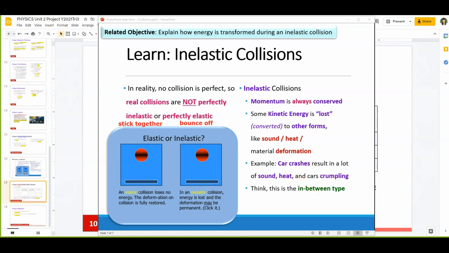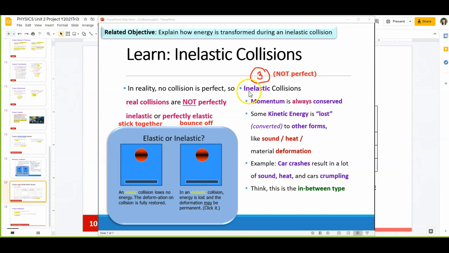Okay. Instead, the third category is basically everything. So this is real life where we have inelastic collisions, but they're not perfect, right? I know that's a little bit confusing because two of them use the term inelastic, but again, one is perfectly elastic, one is perfectly inelastic, and now we just have our third one, which is inelastic and not perfect.